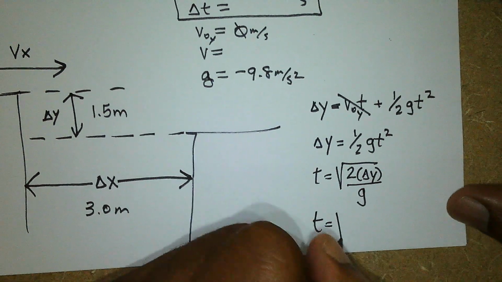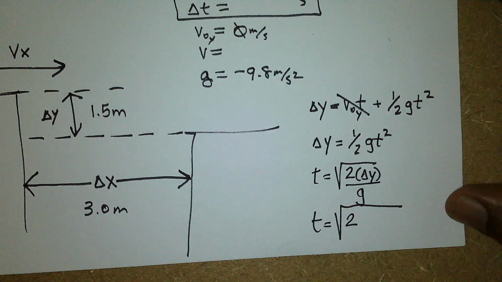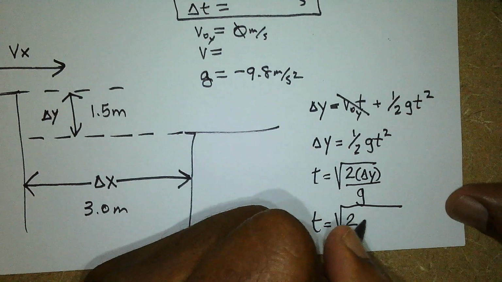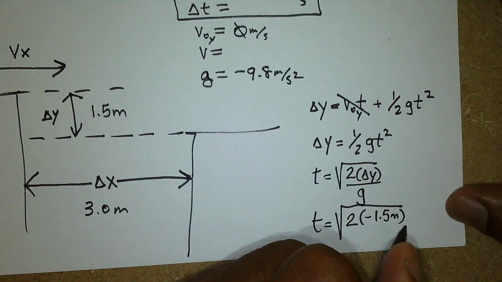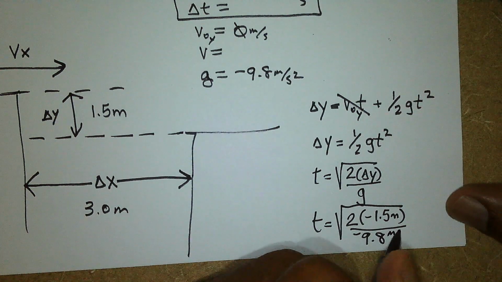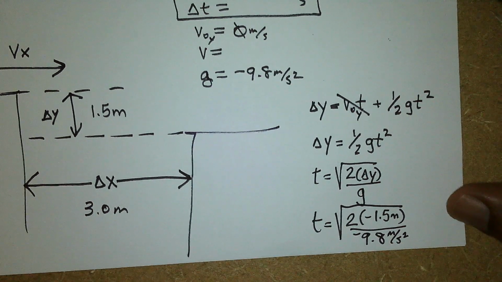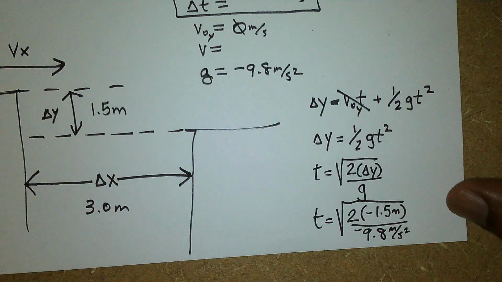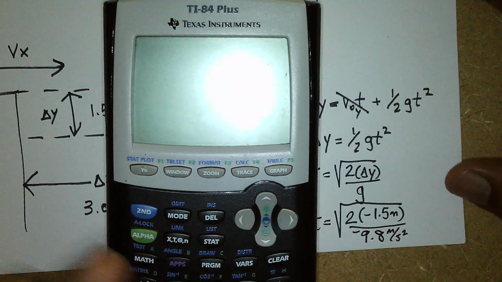Now t equals the square root of 2 times negative 1.5 meters over negative 9.8 meters per second squared. So how much time will this person be falling? Let's see.